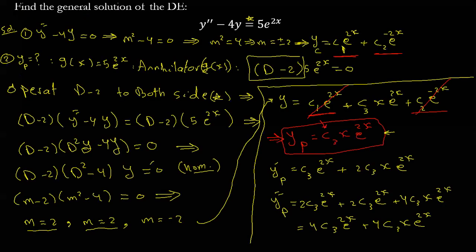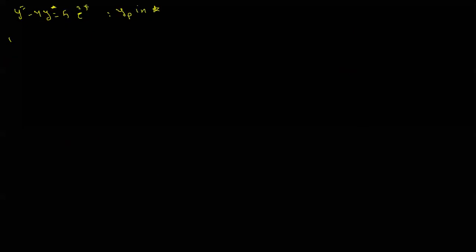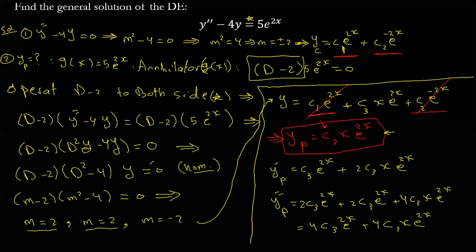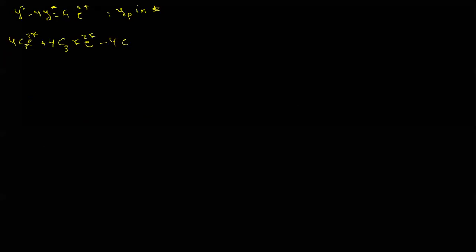So instead of y double prime, we found it to be 4C3 e to the 2x plus 4C3 x e to the 2x. This is the second derivative, minus 4 times my YB. It is C3 x e to the 2x, equals 5e to the 2x.